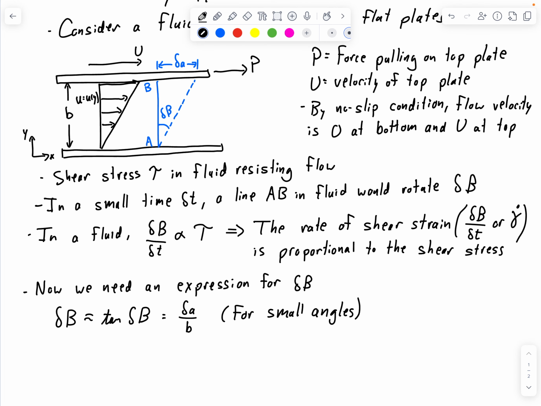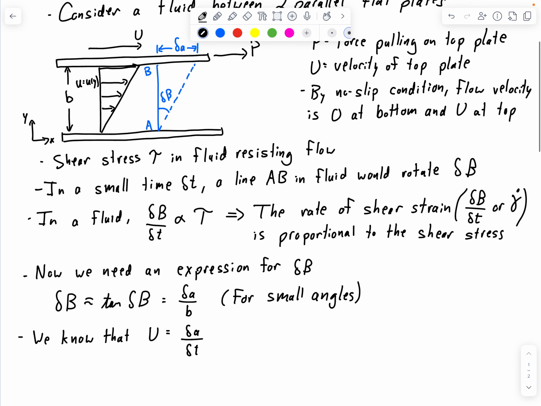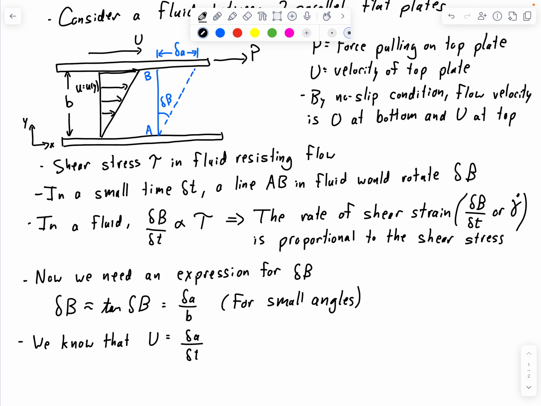Now we can relate delta A to the velocity of that top plate. In fact, we know that capital U is equal to delta A over delta t, the distance that the fluid moves at the top plate over some time delta t. So we can rearrange that and find that delta A is equal to capital U delta t.